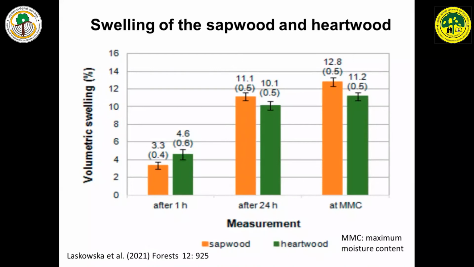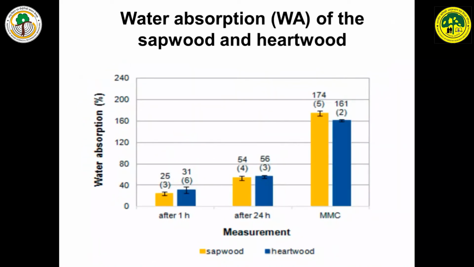Here you can see the swelling property of the sapwood and heartwood. It has been compared. In the long term, we can see the sapwood swelling is higher compared to heartwood. So sapwood swells and shrinks more as compared to heartwood.